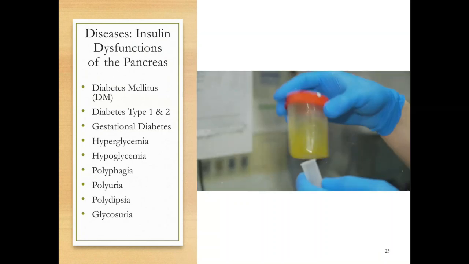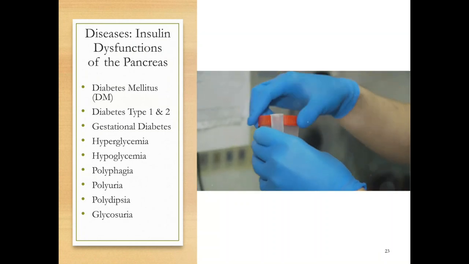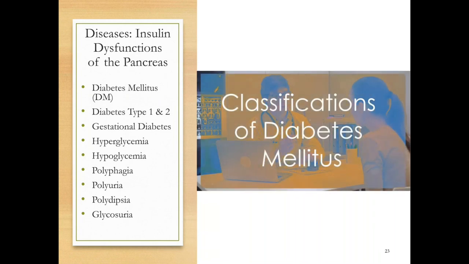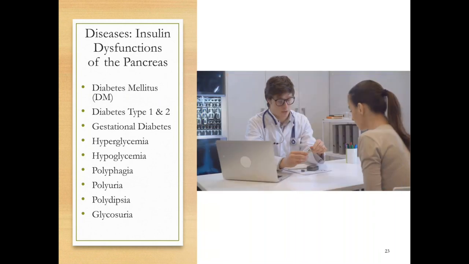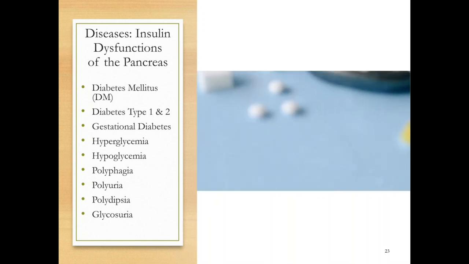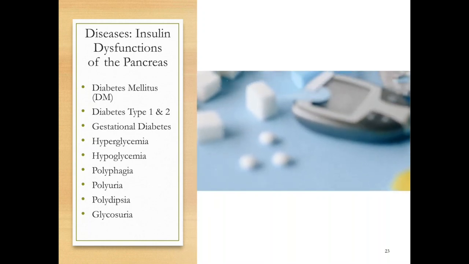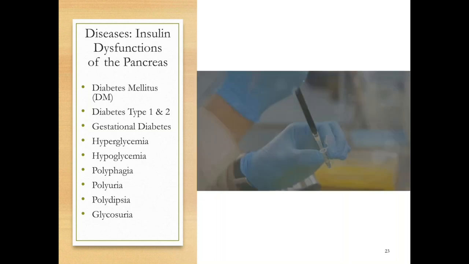Interestingly, the urine sometimes contains glucose, a condition known as glycosuria. The broad classifications of diabetes mellitus are type 1, type 2, gestational, and other types. Each type has its unique characteristics and management strategies.